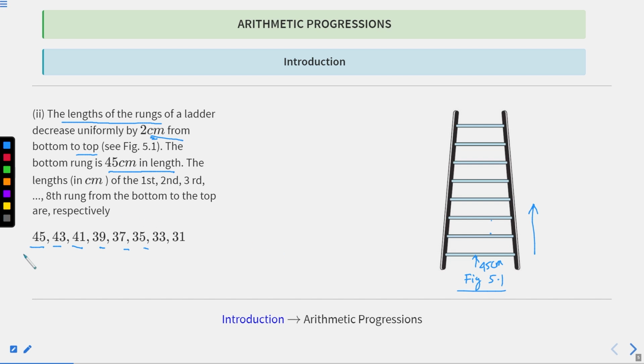So you can see a pattern here: it decreases by 2 centimeters. The second term 43 is obtained from the first term minus 2, and the third term is obtained from the second term minus 2. So we get the succeeding terms from the preceding terms by adding or subtracting some fixed number.